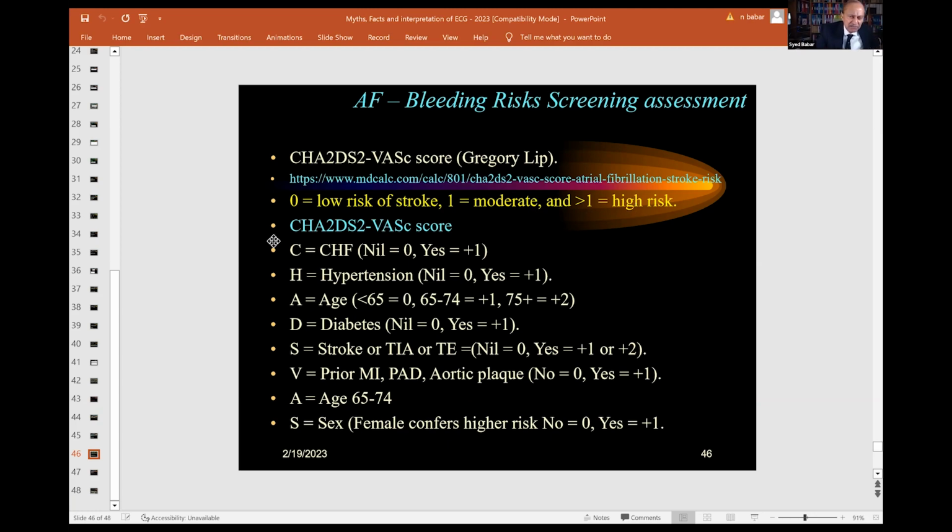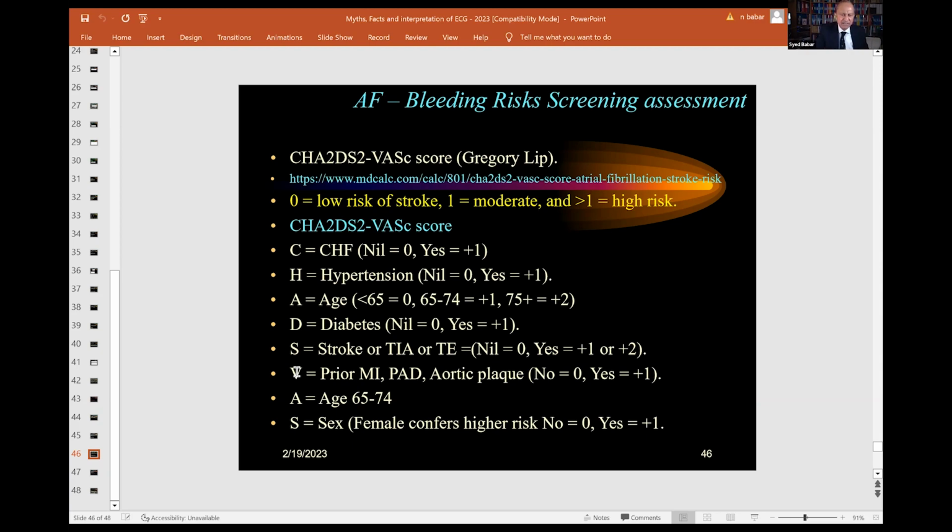So it is congestive heart failure, hypertension, age: less than 65 is 0, 65 to 74 is 1, 75 plus is 2. Diabetes, and if a person has had stroke or TIA and/or thromboembolism, then you add 2 points.